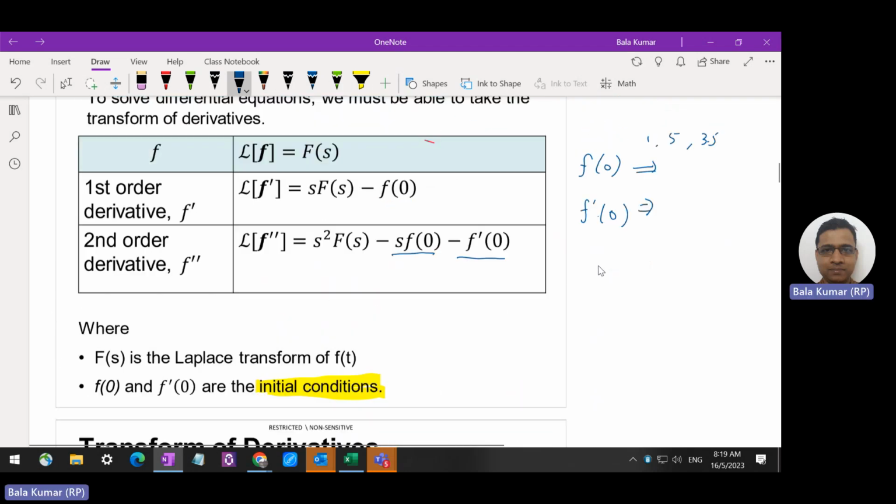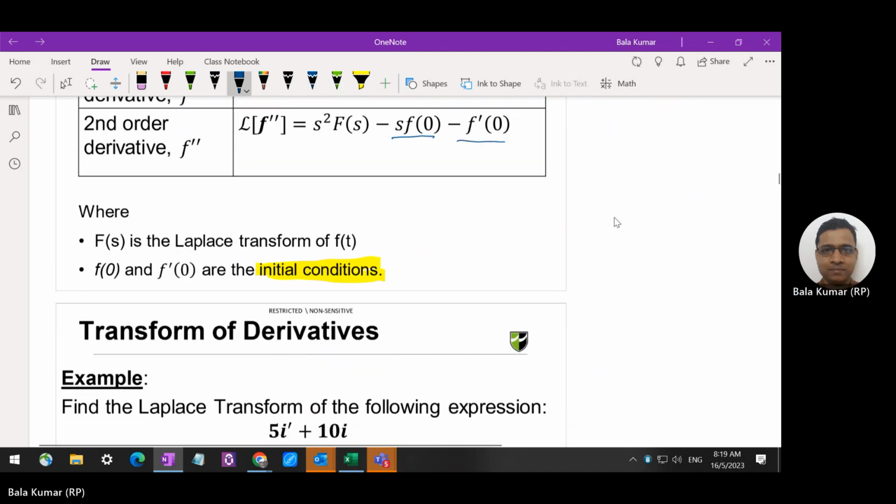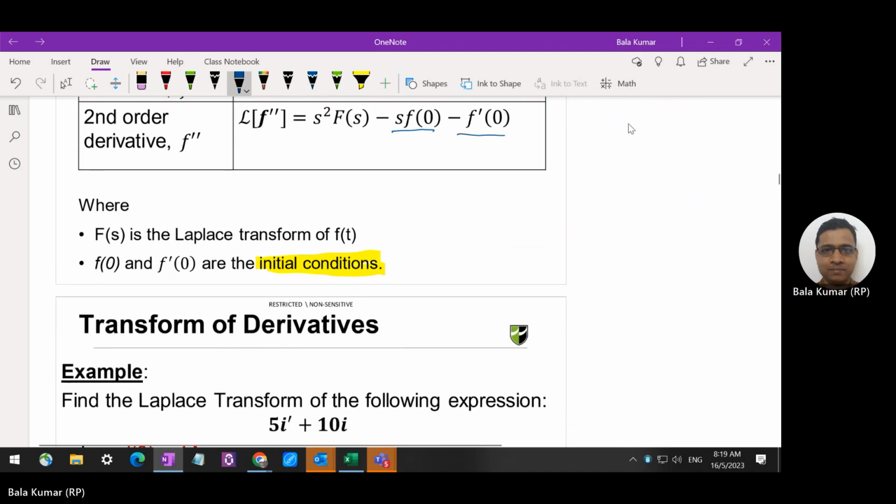Let's say we have this expression: 5i prime plus 10i.